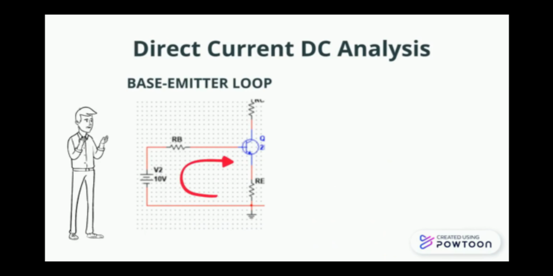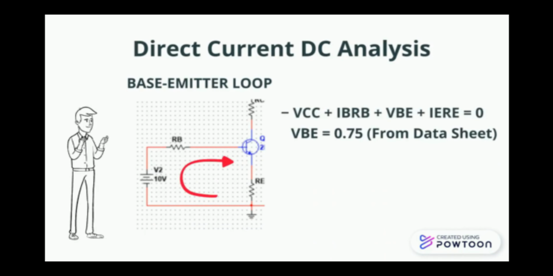Okay, let's analyze the base emitter loop first. If we start from the ground and make a loop following the arrow in the picture, we get the equation negative VCC plus IBRB plus VBE plus IERE. From the datasheet, we get VBE is 0.75. Therefore, we already know our IE and our IB.